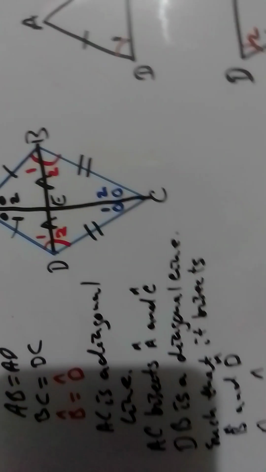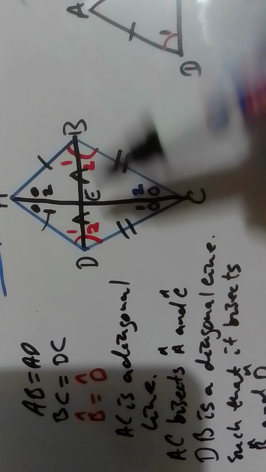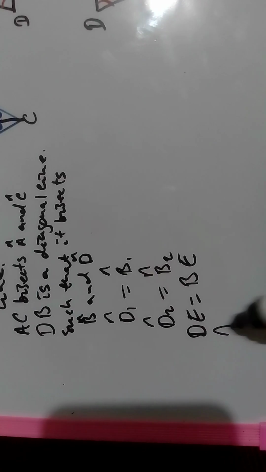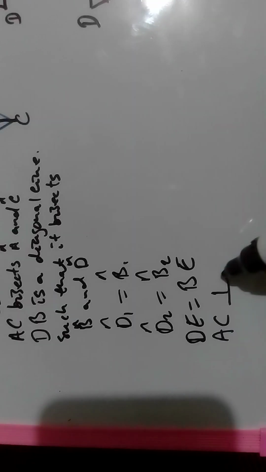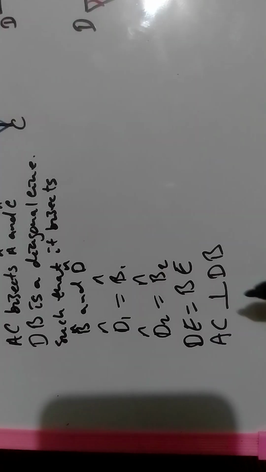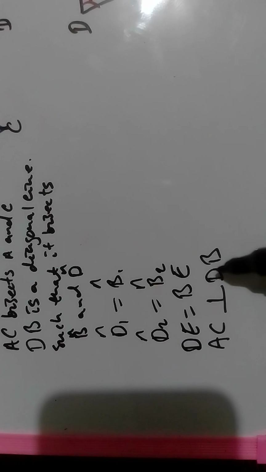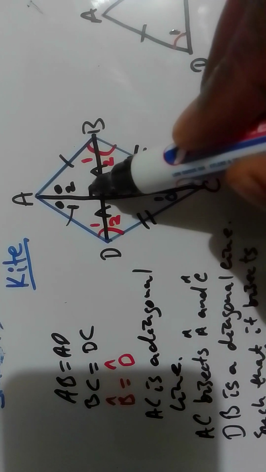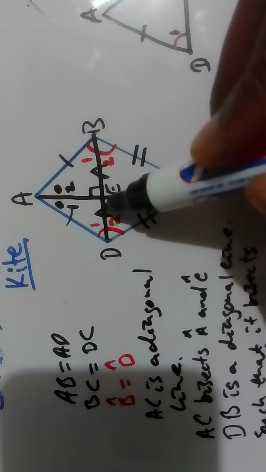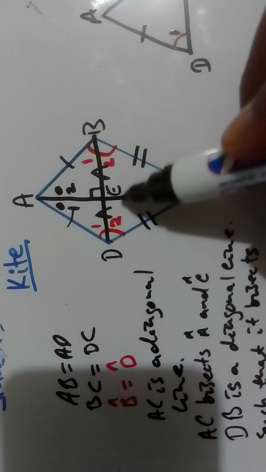And not only are they equal, these two lines, AC is perpendicular to line DB. So we say line AC is perpendicular to line DB. And what do we know about perpendicular lines? We know that perpendicular lines create 90 degrees. In other words, here we've got angle 90, there it means 90, 90 and 90.